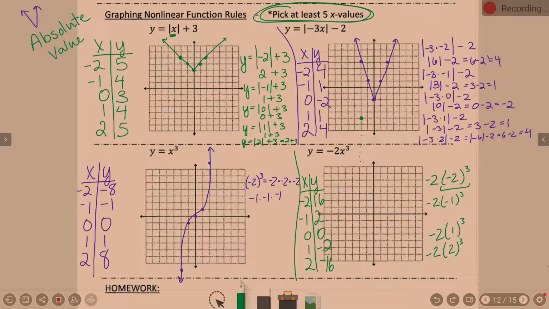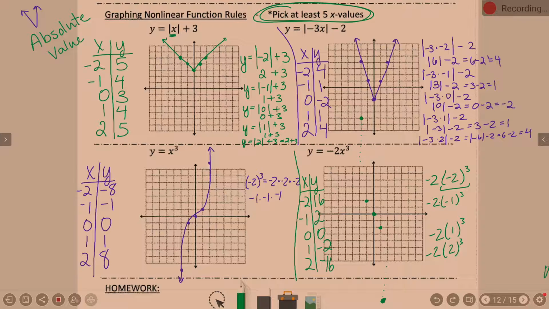Left 1, up 2. 0, 0. 1, negative 2. Right 1 and down 2. And 2, negative 16. Right 2 and down 16. Yeah, it's down there.